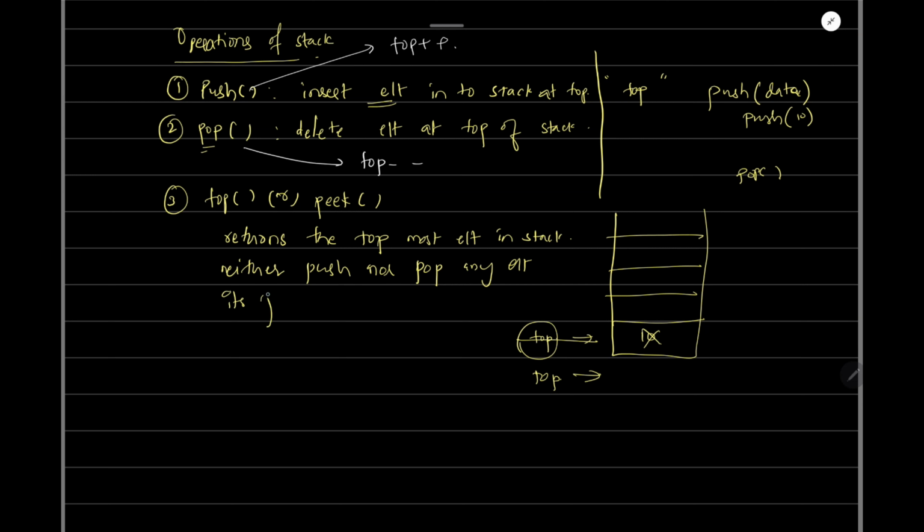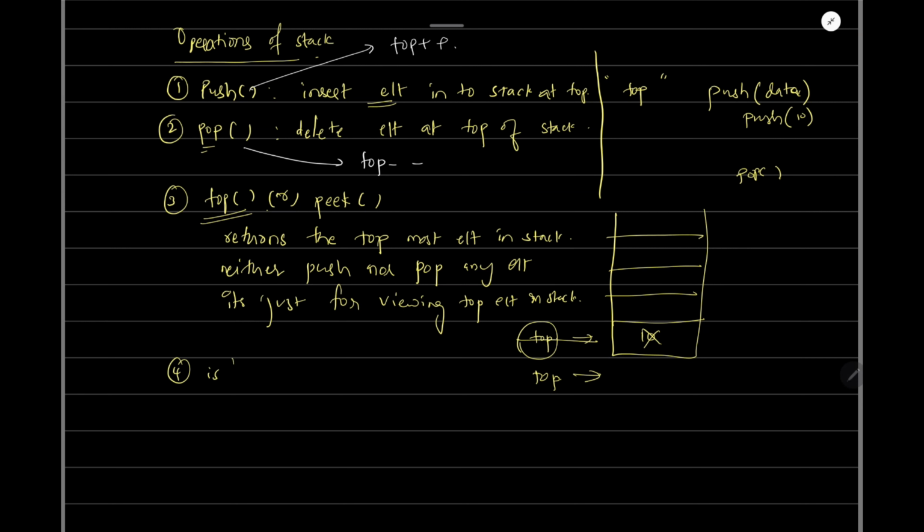It's just for viewing the top element in the stack only. This is the main purpose of the top function. It just returns whatever the top element in the particular stack is.